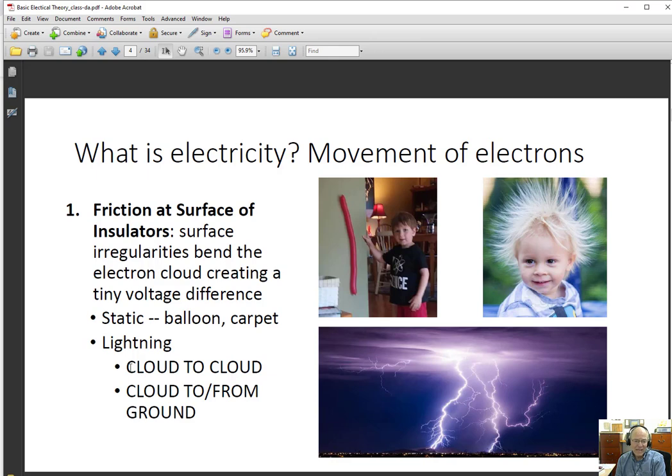One way is cloud to cloud, which means right here you've got an electrical discharge going from the cloud internally to another part of the cloud. I'm not sure exactly which part had it, because it's impossible looking at it to know which direction the electrons are flowing.